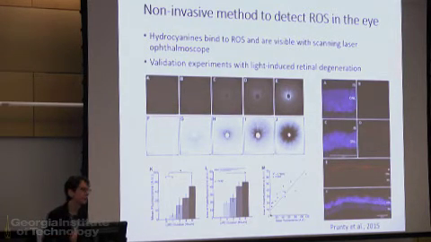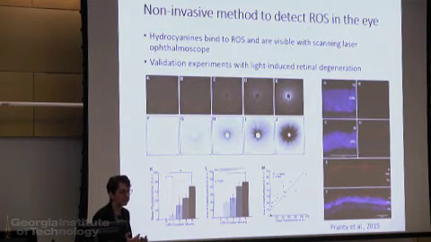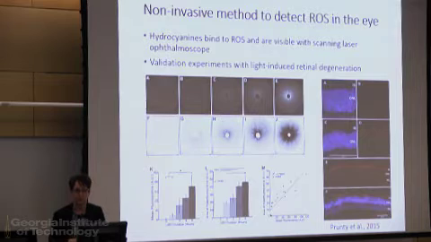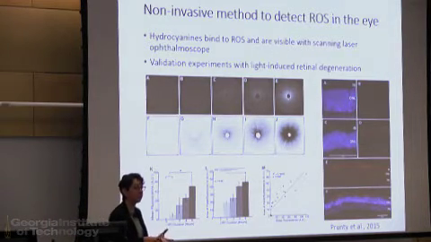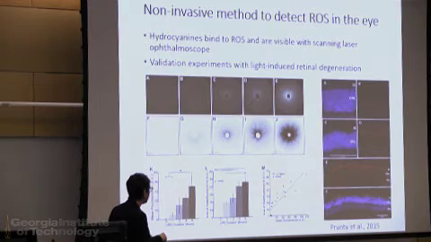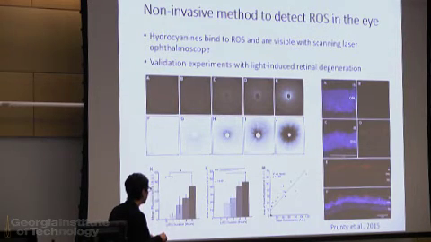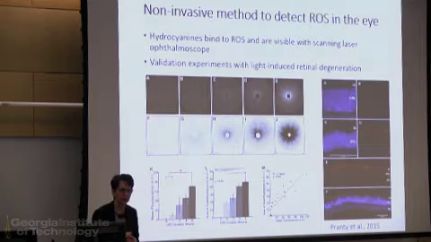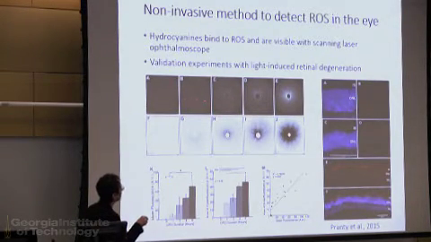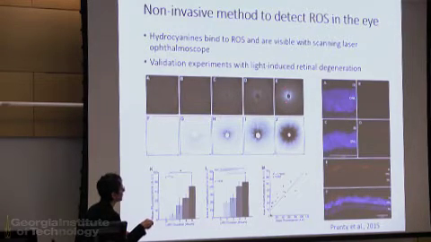So if we expose rodents to very bright light, like 10,000 lux, the animals will develop a photoreceptor degeneration, and that's going to produce some oxidative stress. And so we either gave them no light exposure or 1, 2, 4, or 6 hours of this very bright light exposure. And when we did this, you can see that as we increase the light exposure, we have more and more fluorescence that's actually visible in the retina.